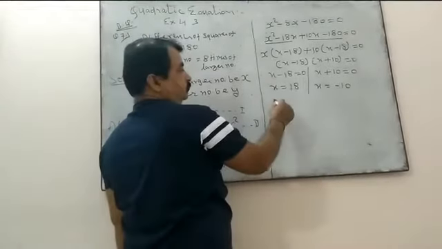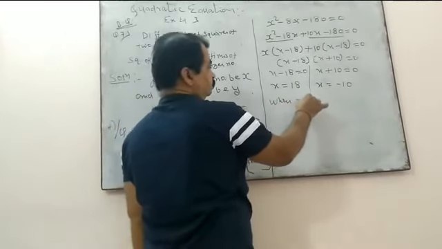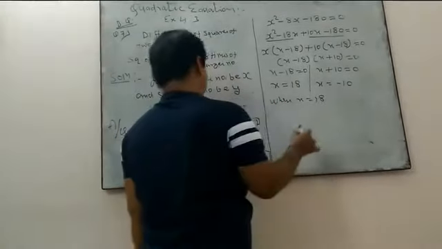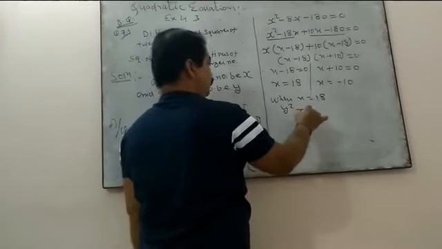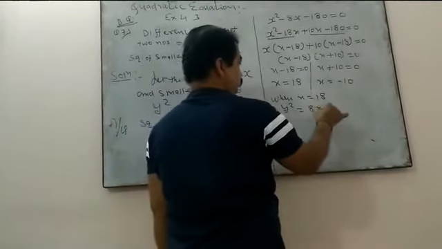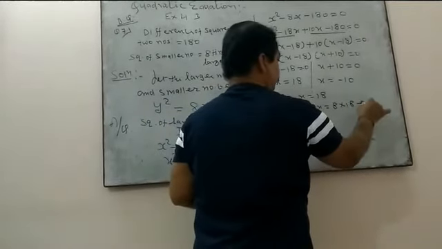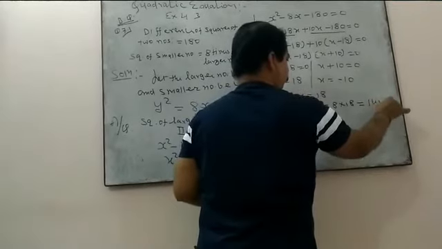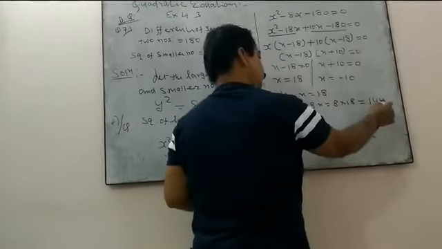Right? So see, when x equal to 18, then y square equal to 8x, that is 8 into 18, 144. Remember, this is the square of y, not y.